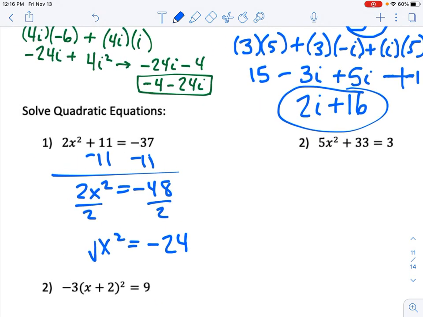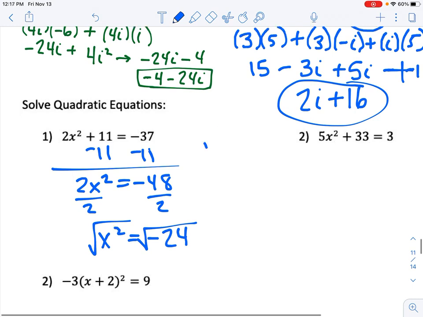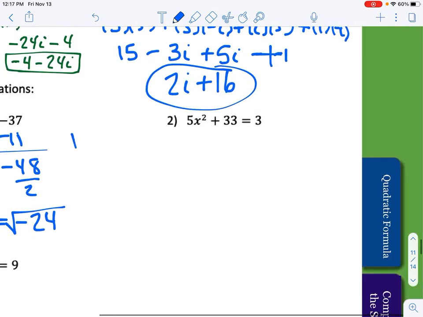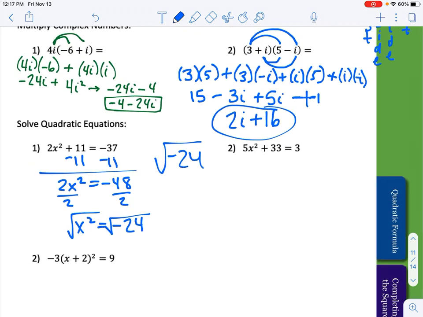We have a little bit of a problem here, but that's okay. We just learned how to deal with it. We have the square root of -24. We don't want to leave a negative inside of a radical, so we want to take -1, square root of -1, square root of 24.